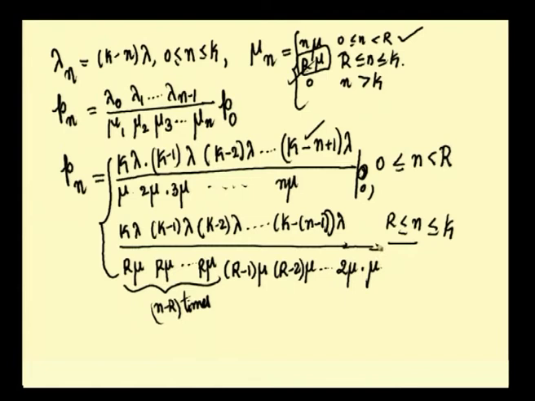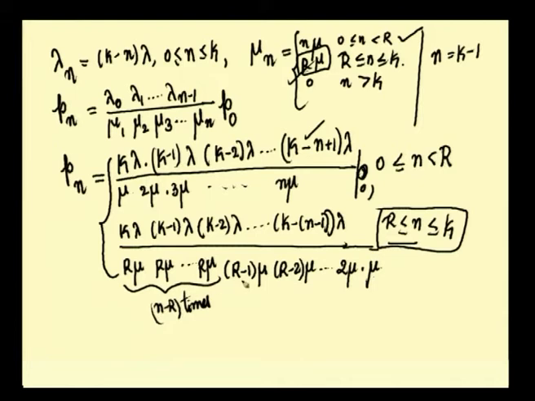Why I am taking this case is that you have this restriction here: the case we are writing is n lies between capital R and capital K, so the last but one value would be k minus 1. When you put n equal to k minus 1, how is mu n defined? It is k minus 1 into mu. So, in this case you would have the service rate to be 2 into mu and then 1 into mu.